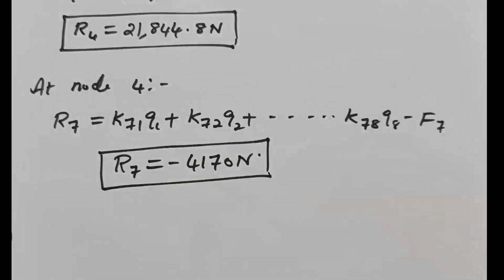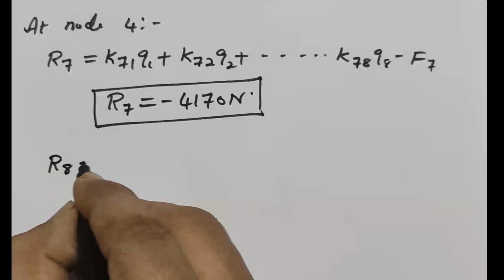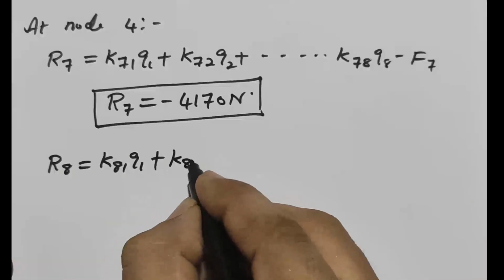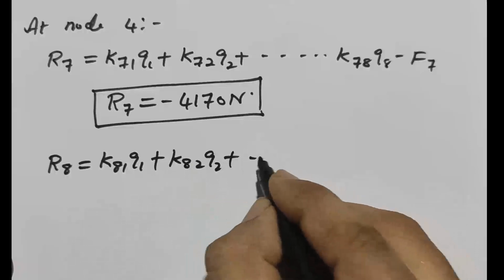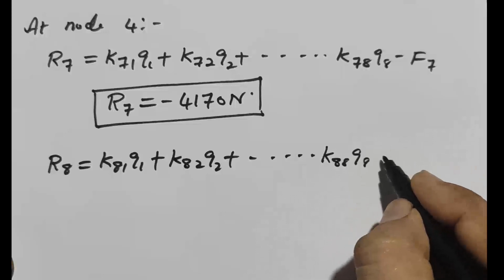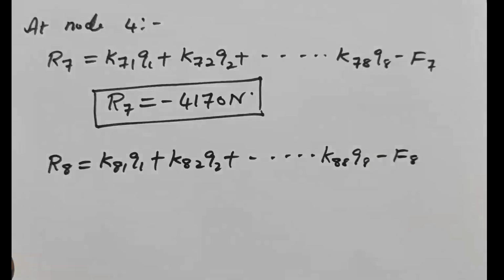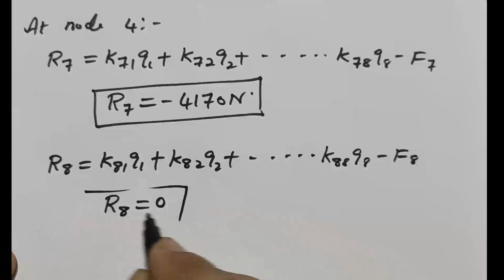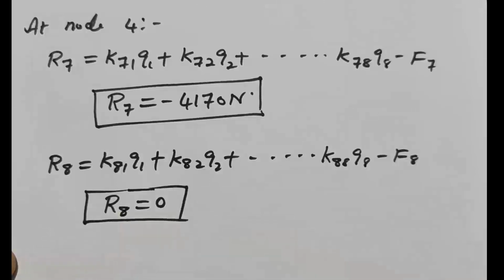This is the support reaction at node number 4 in x direction. Next, R8 is K81 Q1 plus K82 Q2 plus dot up to K88 Q8 minus F8. Substitute all the values and simplify, we will get R8 is equal to 0. This is the support reaction at node number 4 in y direction. Thank you.